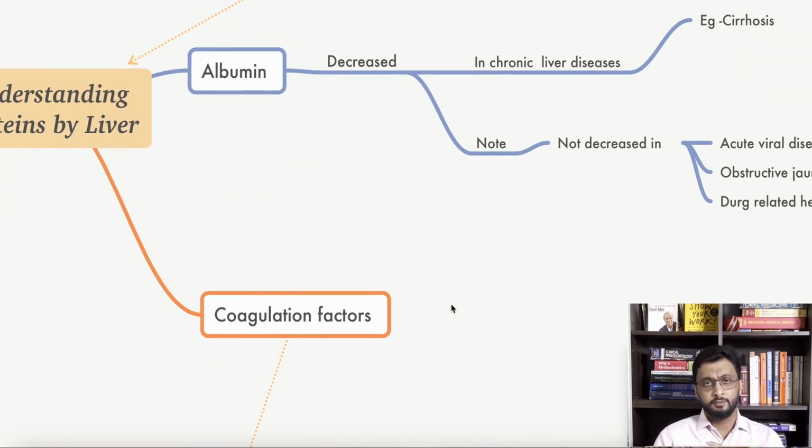Now coagulation factors. I have not put any details here. Basically, please understand, in liver disease, more so in chronic liver diseases, coagulation factors are affected. Coagulation factors are proteins only, so whenever there is coagulation factor deficiency, there is going to be bleeding. If a patient has liver disease, he can have bleeding.